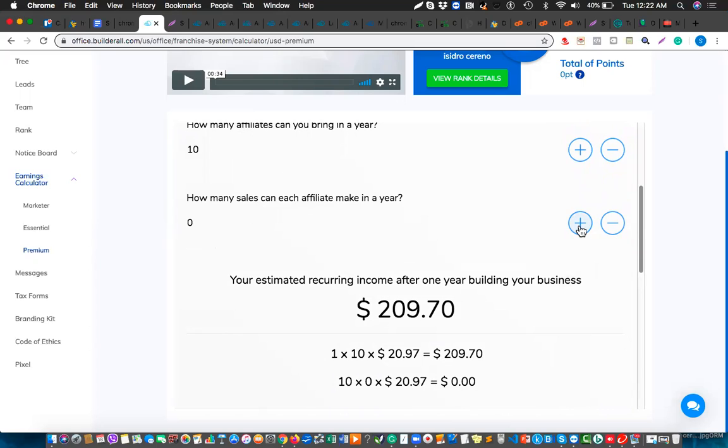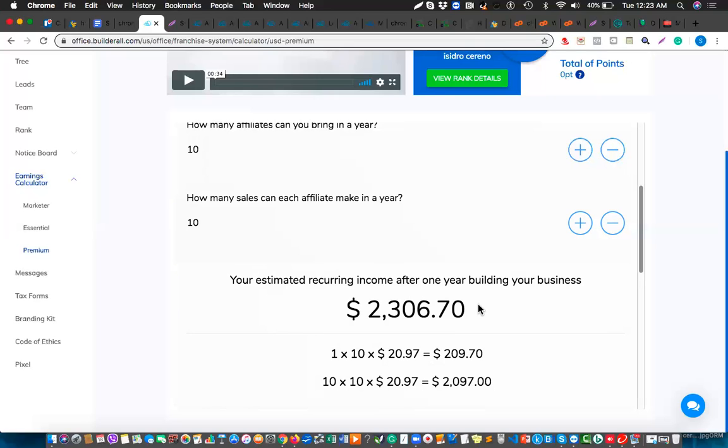So when these 10 people make 10 sales in the whole year, you may ask why we cannot make more than 10 sales. Because I want you to make 10 sales and help each of those 10 people make 10 sales.